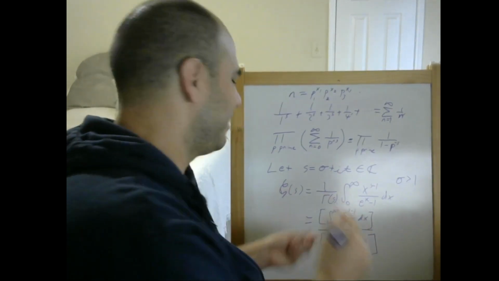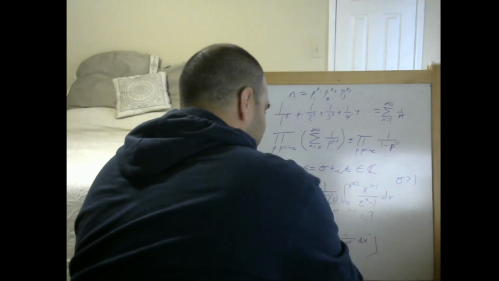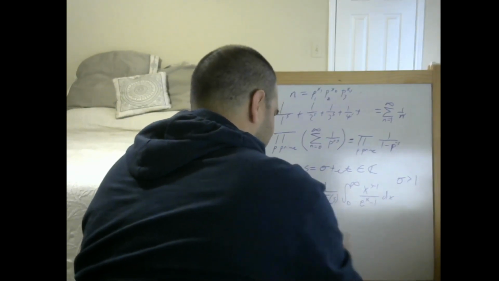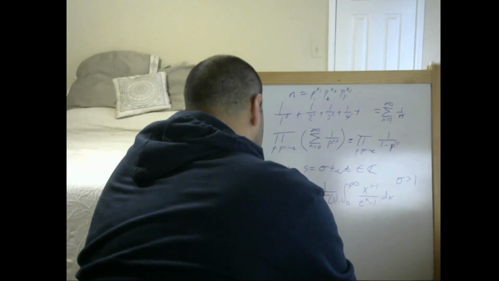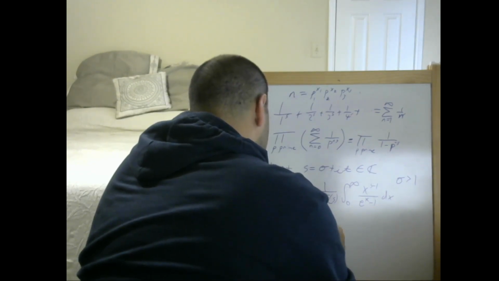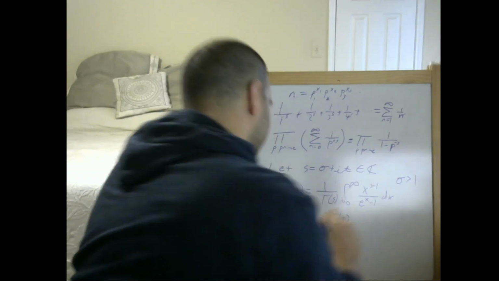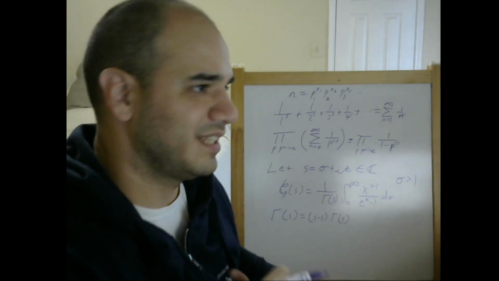For gamma we had the functional equation gamma of s equals s minus 1 times gamma of s minus 1.